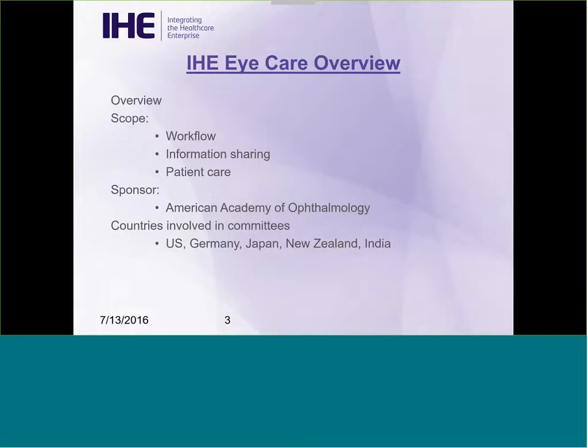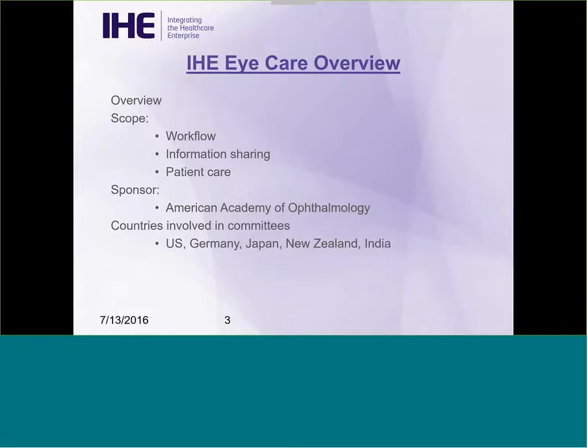It's typically the workflow that you'll see inside of a clinic. Then we also talk a lot about information sharing between clinics. That's typically EHR to EHR. Those are the two main areas that we address in IHE. There are others, but those are the key ones.